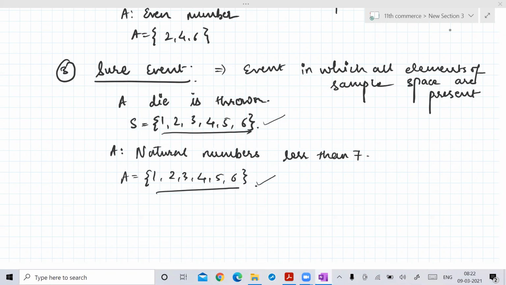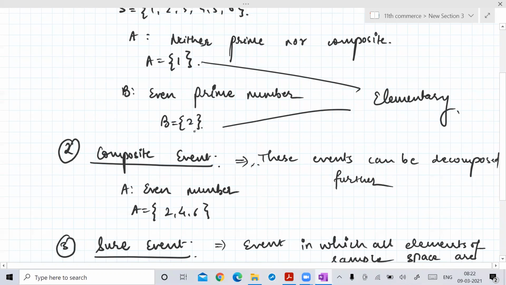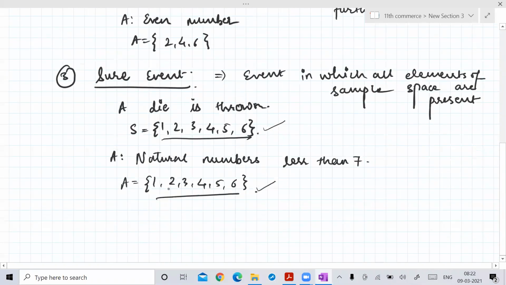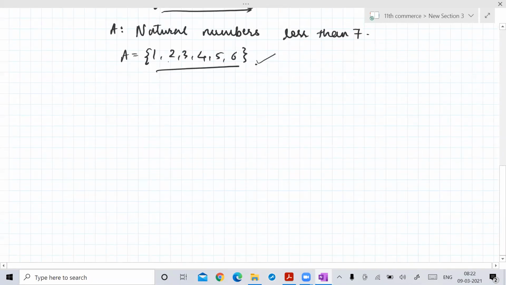Can we say the composite event is a subset of the sure event? Elementary event is also a subset of the sure event. You can't deny that fact. 2 is also a subset of the sure event. So a sure event means all the elements of the sample space are present in that event. Then it is called a sure event.